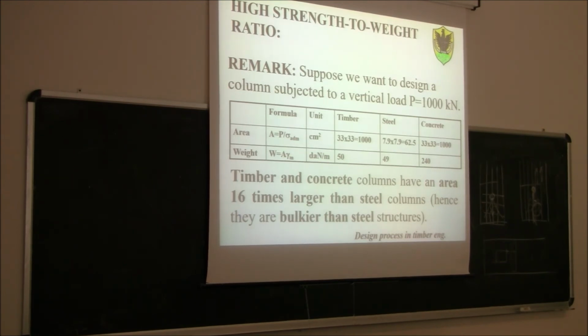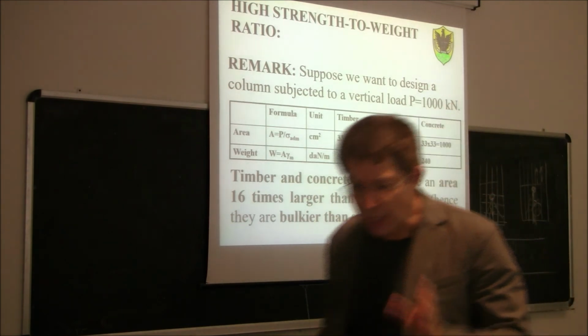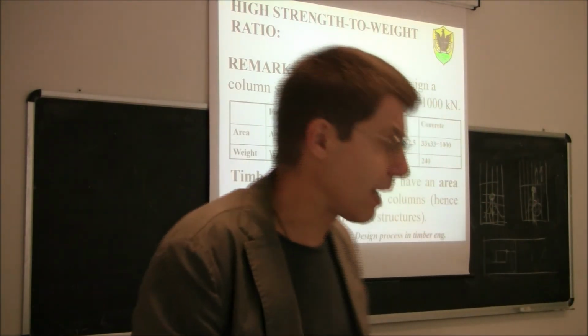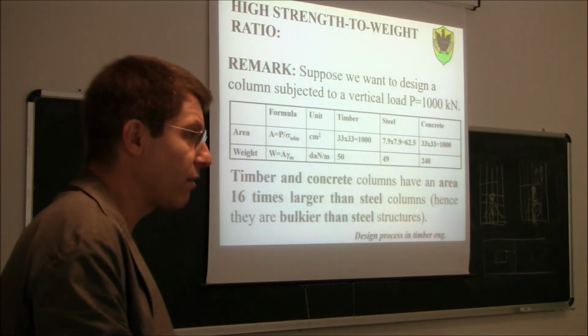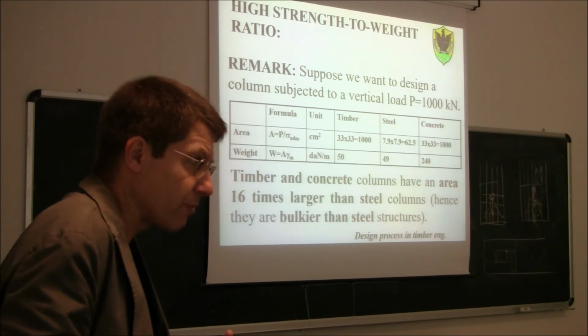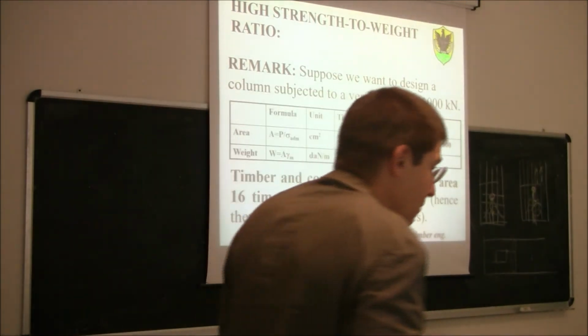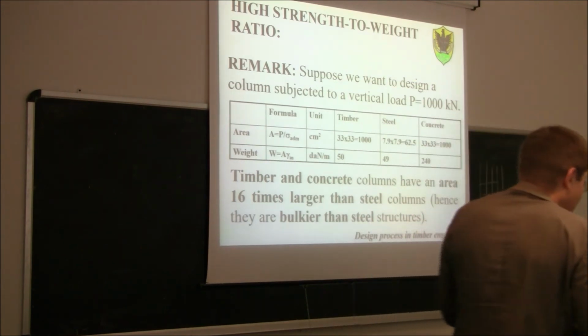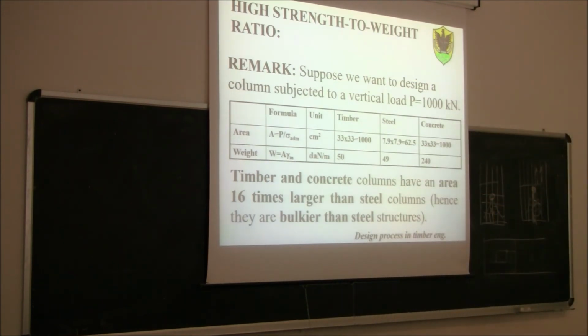First important result. Second important result, in terms of geometrical appearance of the structure, timber structures and reinforced concrete structures are squat, bulky structures. They are important structures. While instead, steel structures are slender structures.